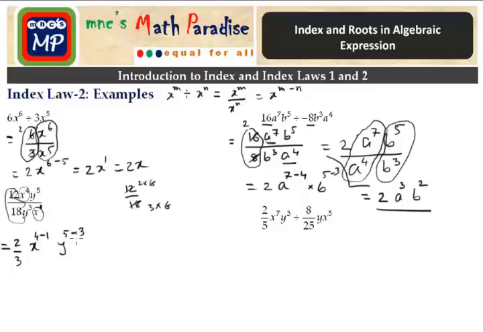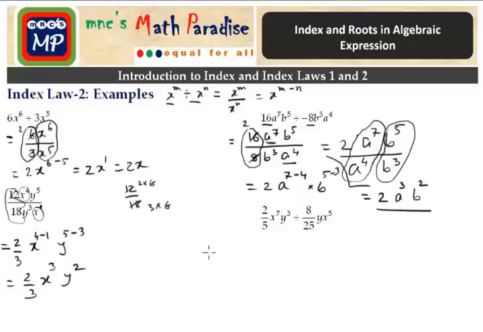Numerator's power minus denominator's power, and the base must be the same. We can't calculate between x and y. X and x is the division formula, y and y is the division formula, because index law 2 says the base must be the same. So 2 by 3, x to the power 4 minus 1 is 3, y to the power 5 minus 3 is 2.